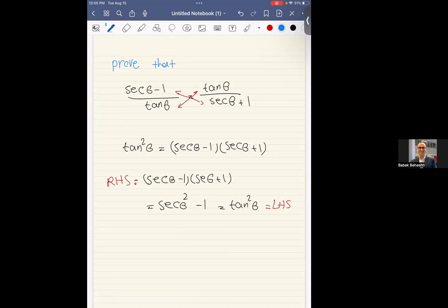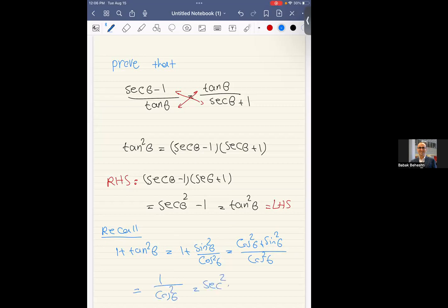Recall that 1 plus tangent square theta is 1 plus sine square over cosine square, which is cosine square plus sine square over cosine square, equal to 1 over cosine square, which is secant square.